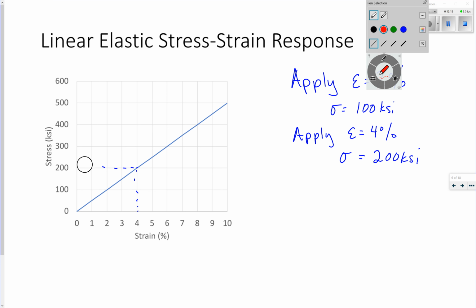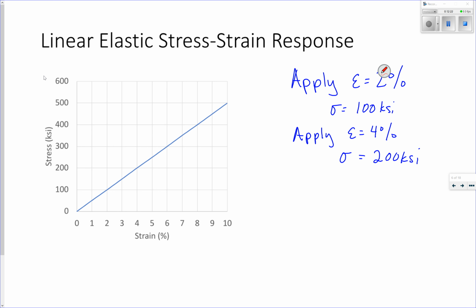What if I want to add these two loadings at the same time, the one that caused 2% and the one that caused 4% strain? Well, that would yield a strain of 6%. And according to superposition, I can just add up those stresses, right?